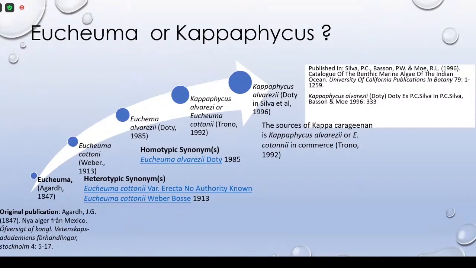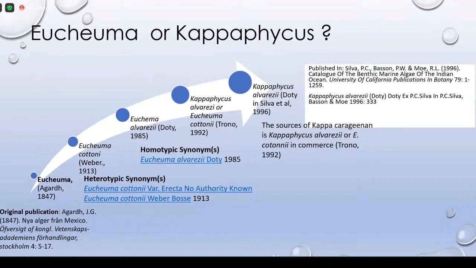He introduced the genus from Mexico, and in 1930 the name changed to Euchema cottoni by Weber, and it also has another synonym, heterotypic synonym, Euchema cottoni, and this is from Weber Bosch.